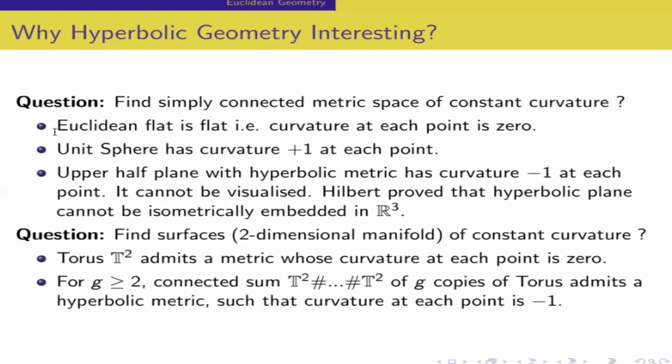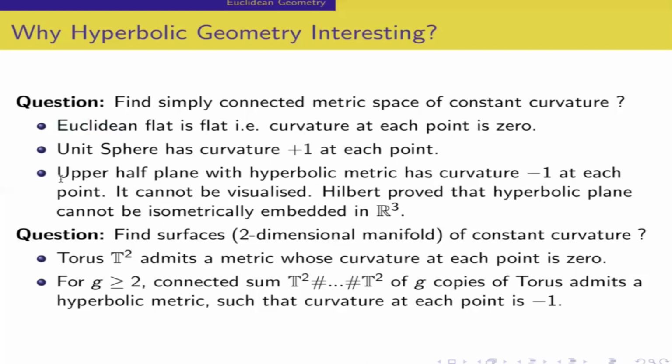For example, if I take R2, that is the Euclidean plane. The Euclidean plane is flat, which means the curvature at each point is 0. So this means that it is a constant curvature surface.